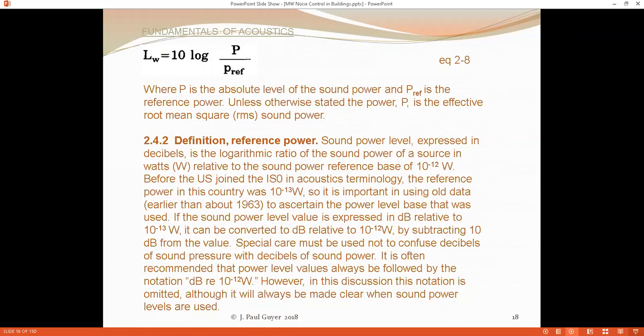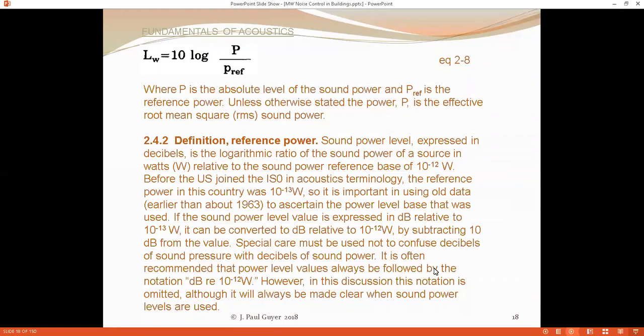The reference sound power that is barely perceivable by the young, healthy human ear is 10 to the minus 12 watts. So it's the power that's being perceived by the eardrum divided by 10 to the minus 12 watts. That is the definition of the sound power level.